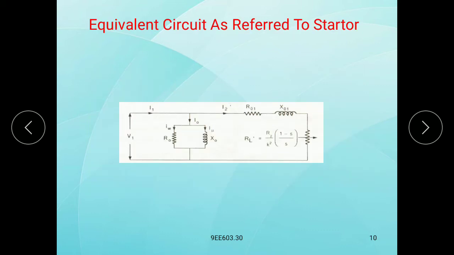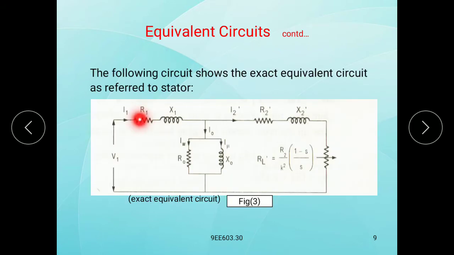Observe this one as referred to stator. In total, R1 and R2 dash are added, and X1 and X2 dash are added.